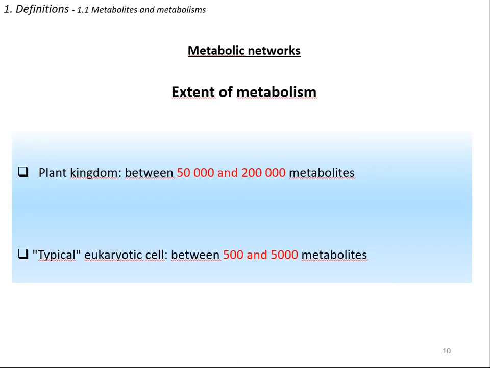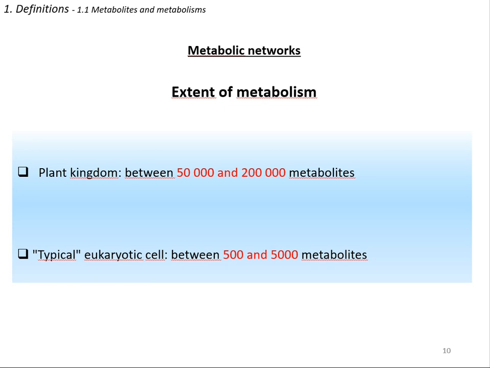So to give some notion about the extent of metabolism, we can consider a few figures. First, in the plant kingdom, we estimate that there are between 50,000 and 200,000 different metabolites. So it's a lot. It's a limited number, of course. It's not infinite. But in the biosphere, only in the plant kingdom, you have many structures possible.